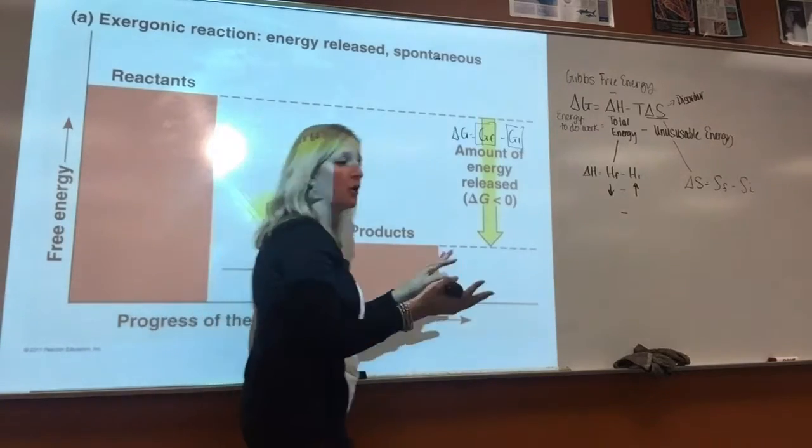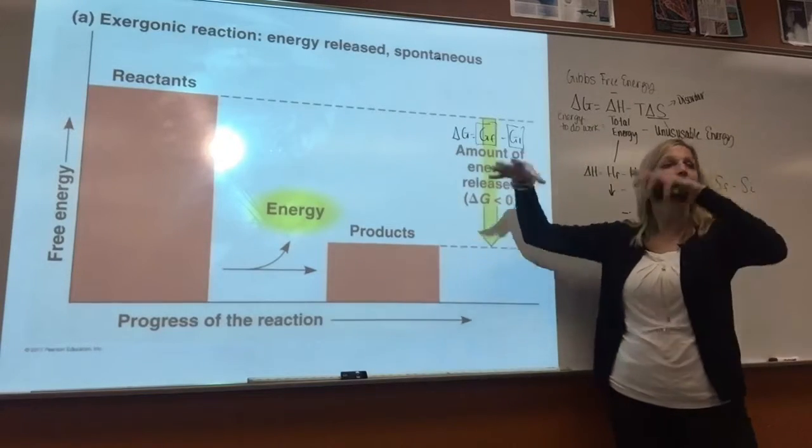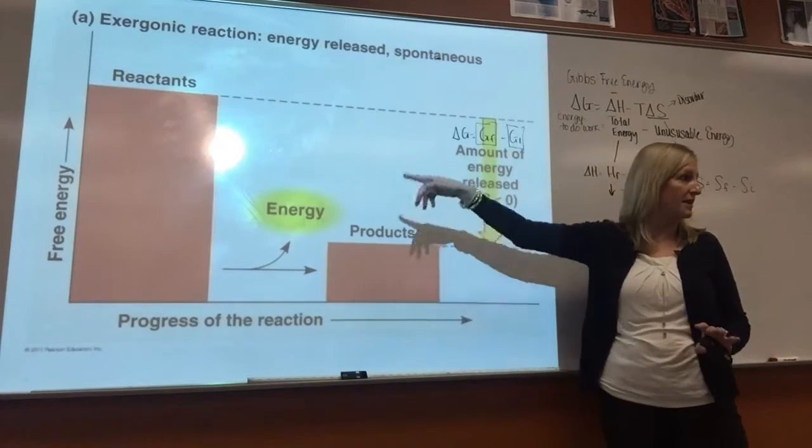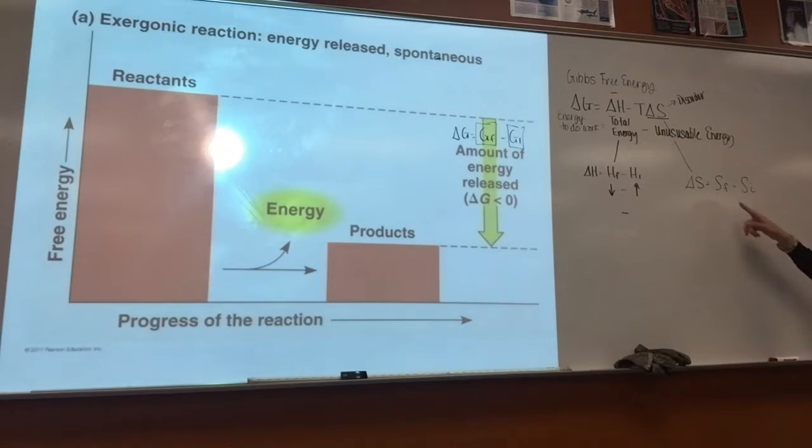Therefore, at the final state, the universe has more disorder than at the original state, okay? So we're going to have higher entropy in the final state and lower in the initial state. Mathematically, a larger number minus a smaller number, we're going to get what kind of number? Positive, right?